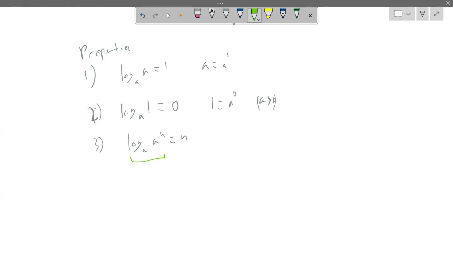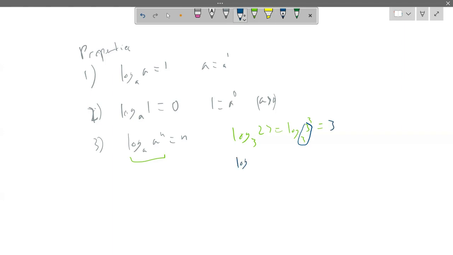So for instance, if I want to find the logarithm of 27 base 3, we can change 27 into 3 to the power 3. There are so many 3's here. And here, you can sort of cancel out the base of the logarithm and the base of the exponential, to get us 3.